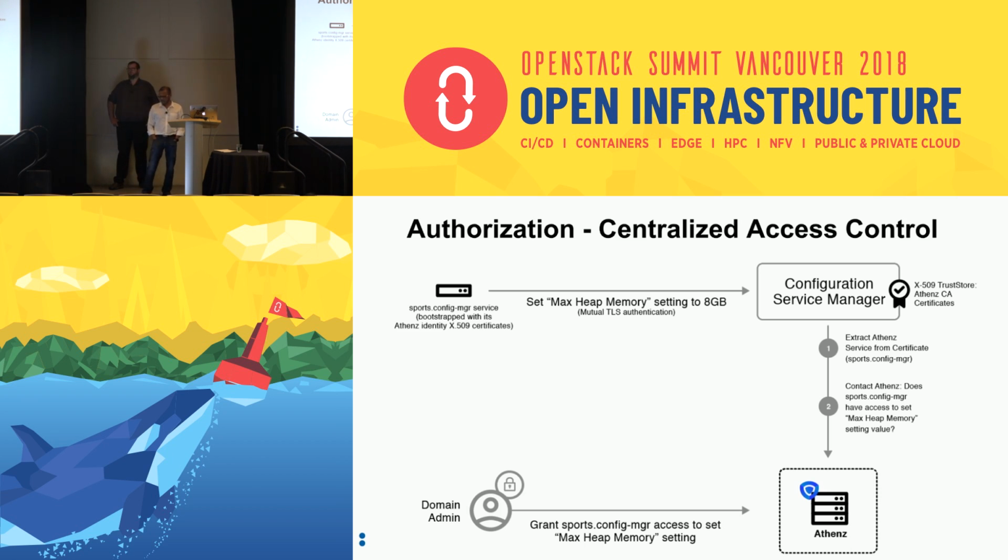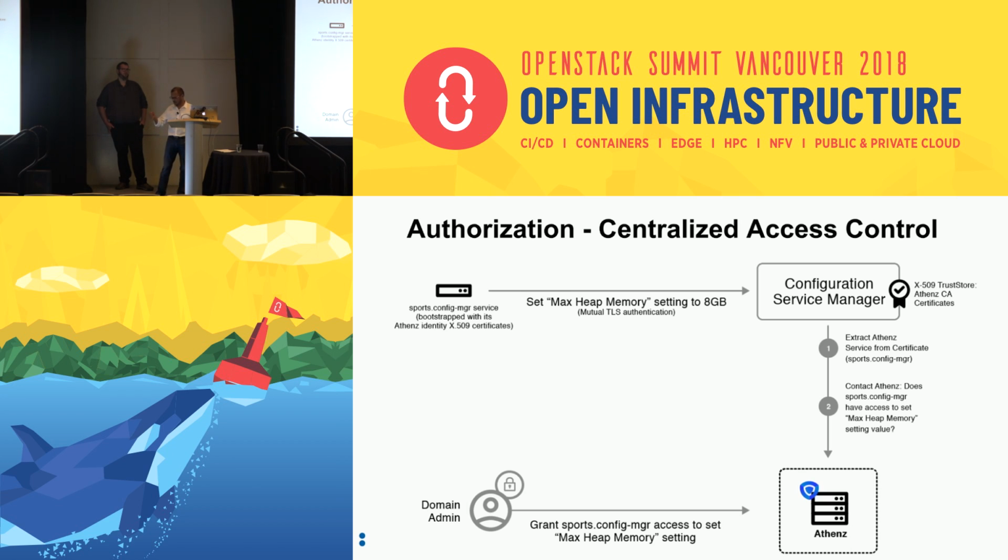In this example, it wants to set the max heap memory to 8 GB. So the sports.config manager got its own X509 identity. So the connection between the client sports.config manager and the config manager server is mutually authenticated. Once it's authenticated, then the config manager needs to see if the principal sports.config manager is authorized to set that max heap memory or not.